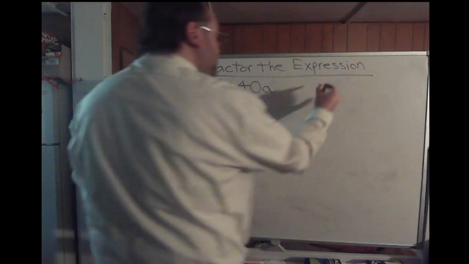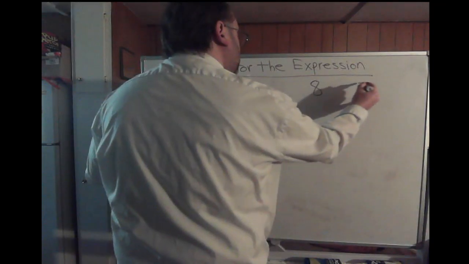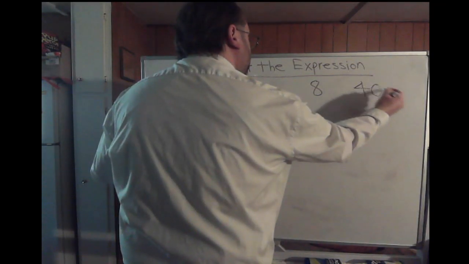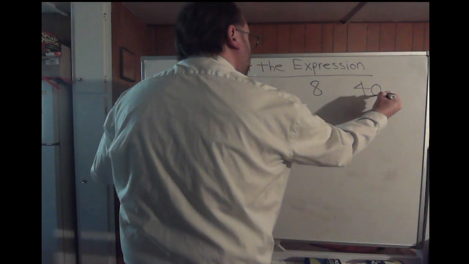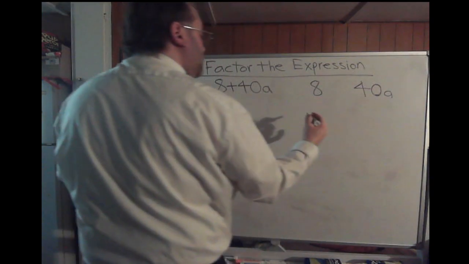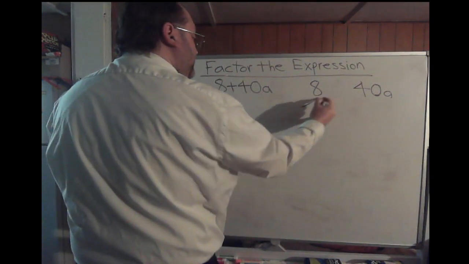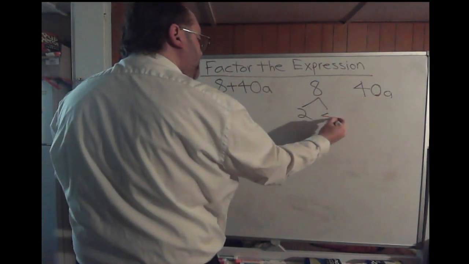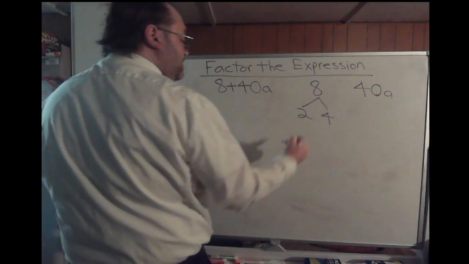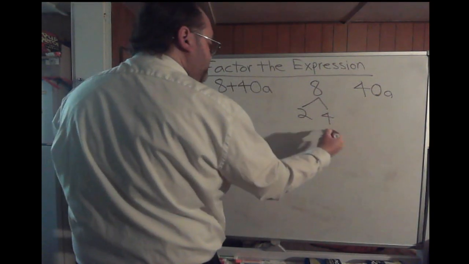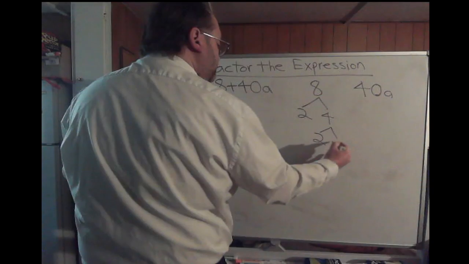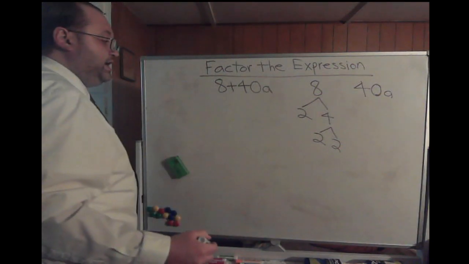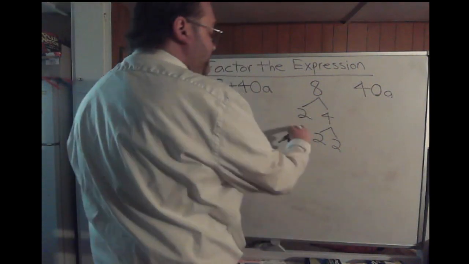Well, like you would with any other, come over to the side, do your prime factorization of each term. Okay. We have factors of 8 would be 2 and 4. Well, you can't factor 2, but you can factor 4 into 2 and 2. That's all you can do for 8. You've already factored 8 completely.